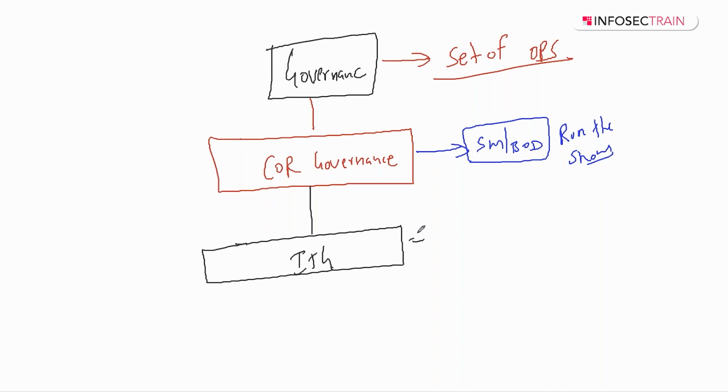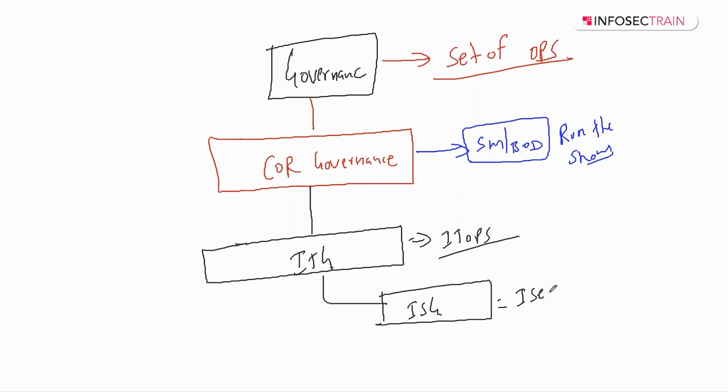IT governance is all about the strategy to run the IT operation. Under IT governance, we have information security governance, which is all about the set of operations related to information security. Is it clear?